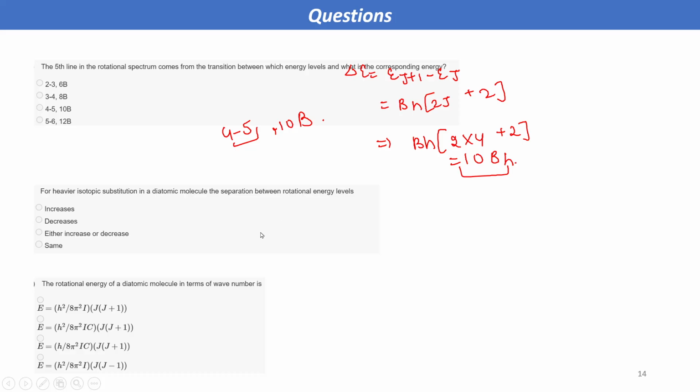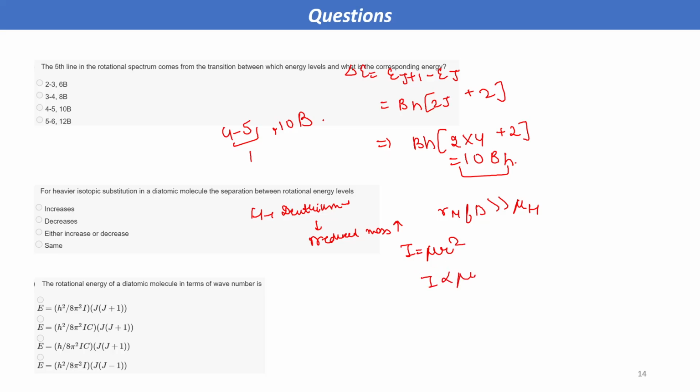Suppose we have replaced the hydrogen by deuterium. So we know that for deuterium, the reduced mass will increase. The reduced mass of deuterium will be more than the reduced mass of hydrogen. And we know that I is directly proportional to mu, by I equal to mu r square.